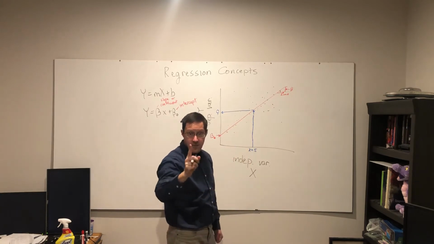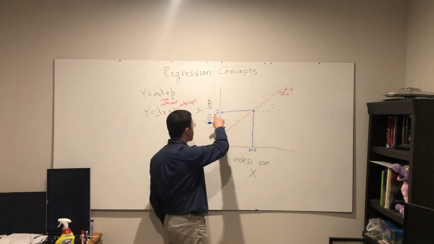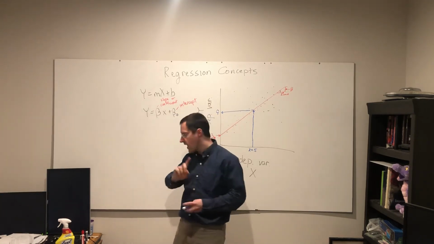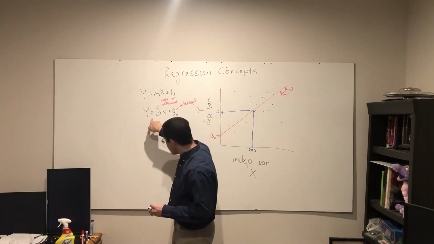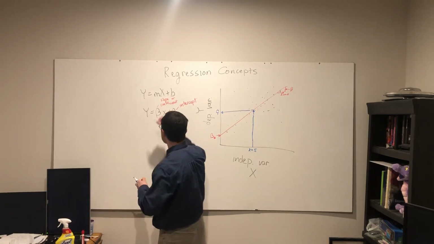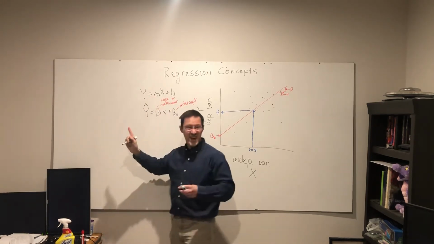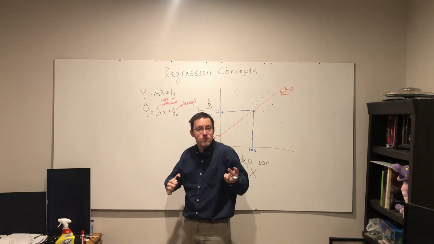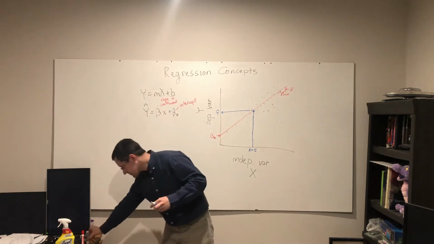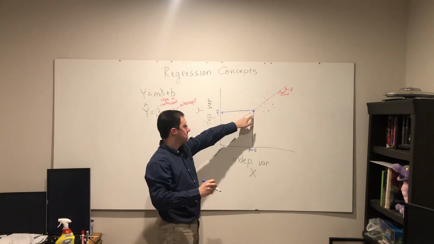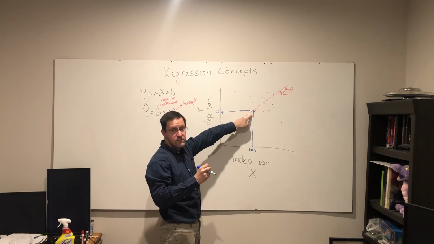And I am representing it as a prediction by putting a hat over y, which means really, for this regression line, I need this hat to be very clear about what's going on here. But I have a value here for this point.